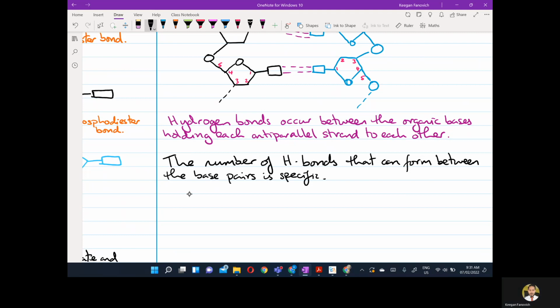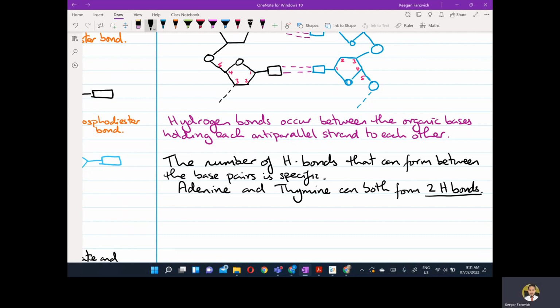Adenine and thymine can both form 2 hydrogen bonds, right? So adenine and thymine could both form 2 hydrogen bonds.